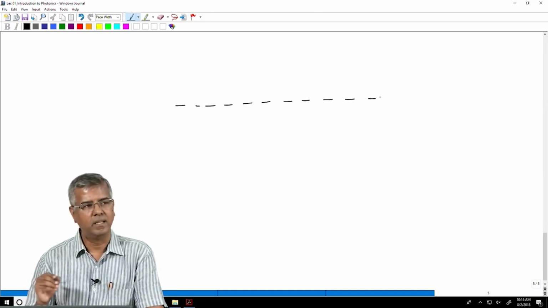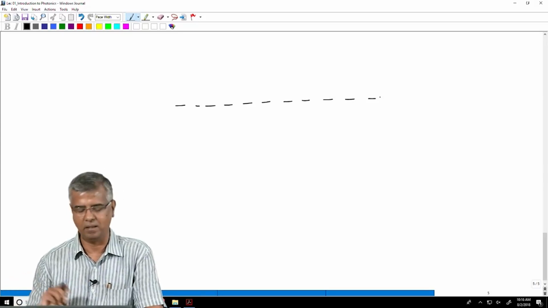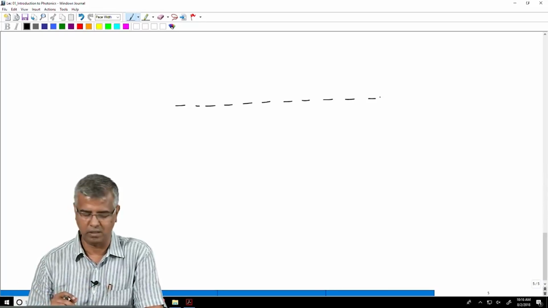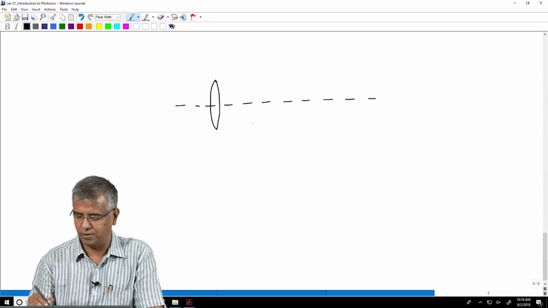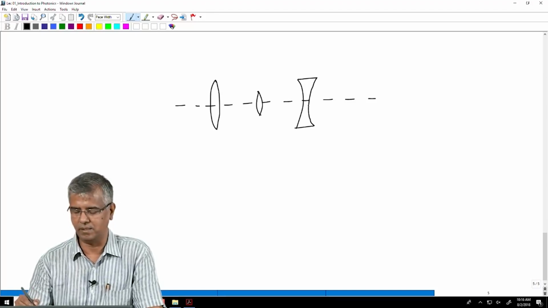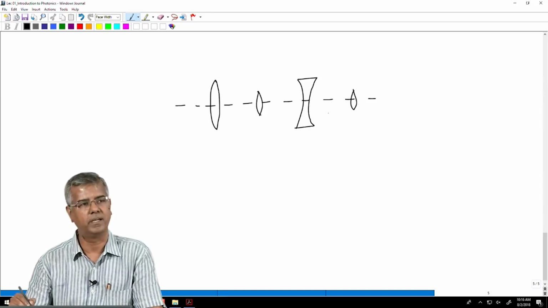One of the key things that you define is an optical axis, basically the central line that joins all the optics within that system. So, let us say it consists of a lens here, another lens over here. Let us say those two are what I call biconvex lenses, and this is actually a biconcave lens, and maybe another lens over here, right.